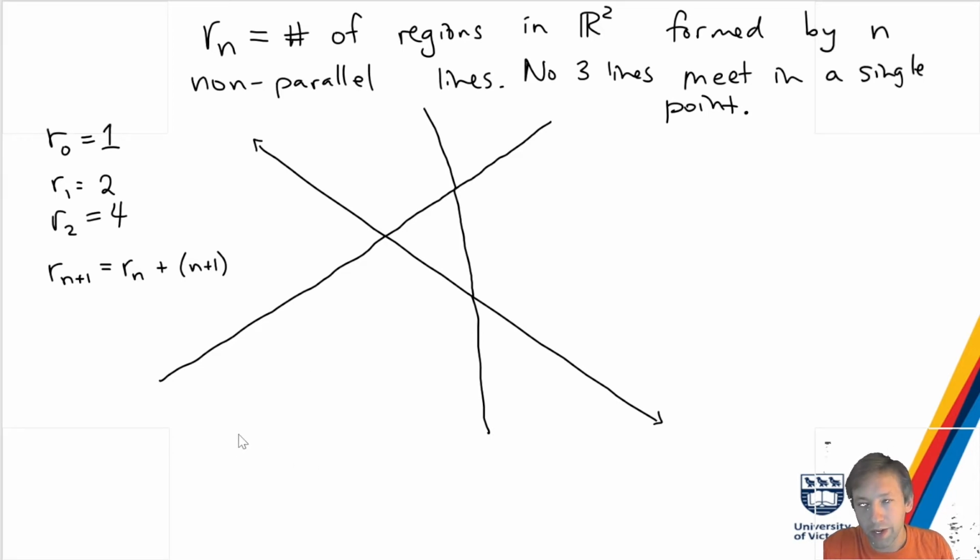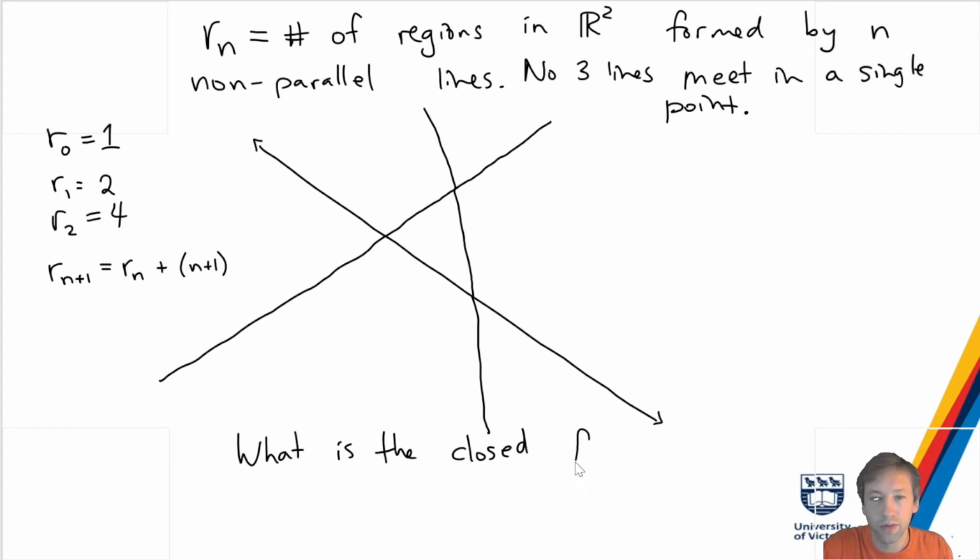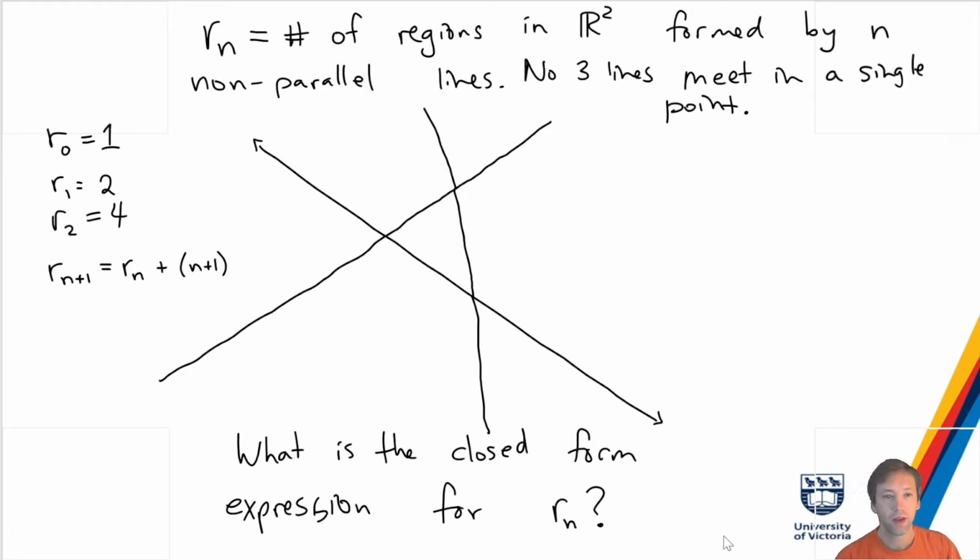So you might be wondering, what is the closed form expression for Rn? In this case, it's not actually that hard to do. But what I want to show you is a really nice trick for working it out.